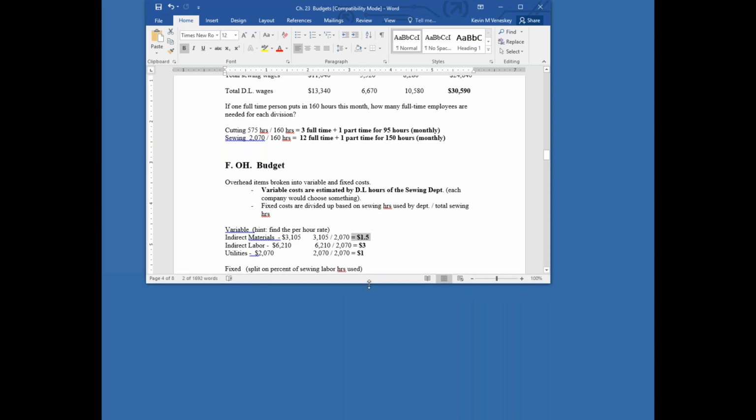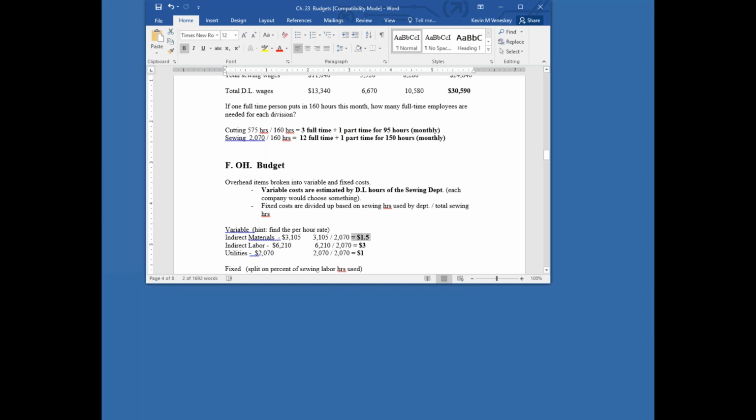When I get these, they're not terribly difficult. They come out to be pretty nice, neat numbers. When we do the fixed costs, we don't want to do it on a per hour basis anymore. We want to do it more on a percentage, because with variable cost, for every hour I use, you get more and more costs involved. With fixed costs, that's not the case. Just because you use another hour doesn't mean you use more accumulated depreciation.